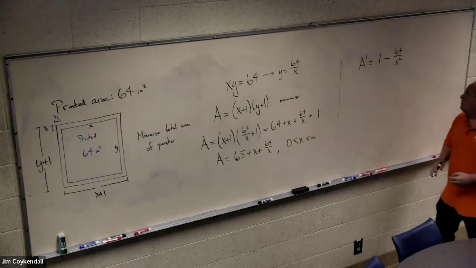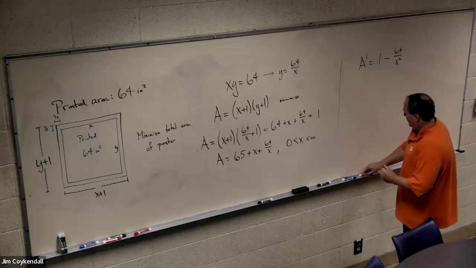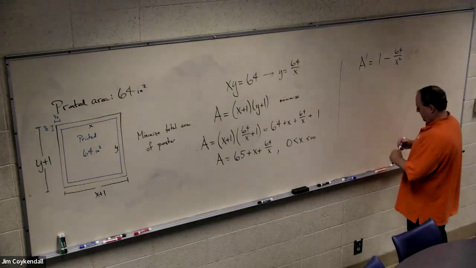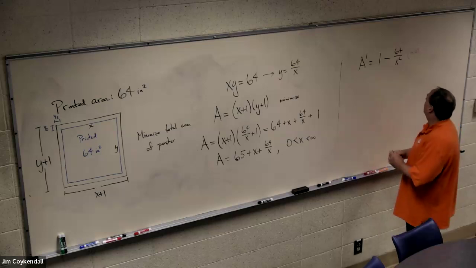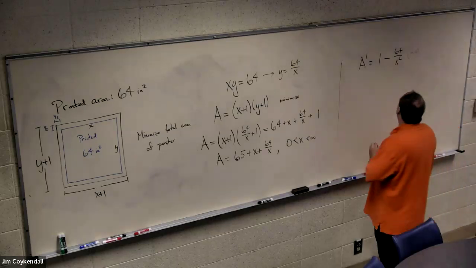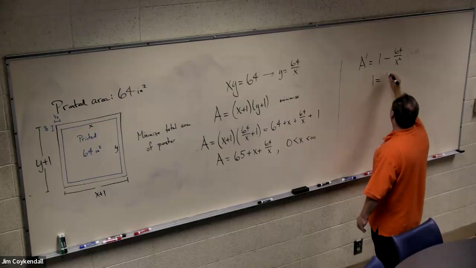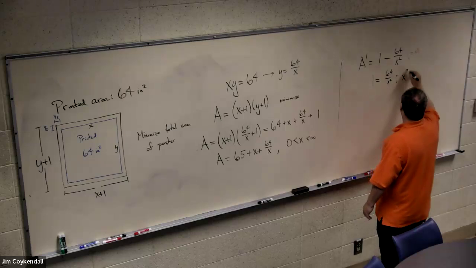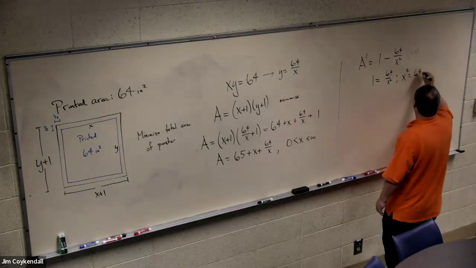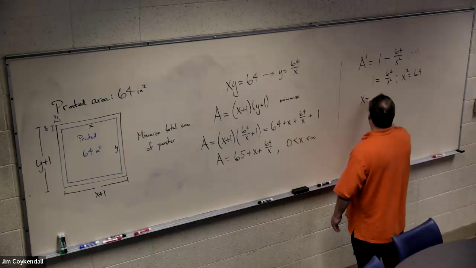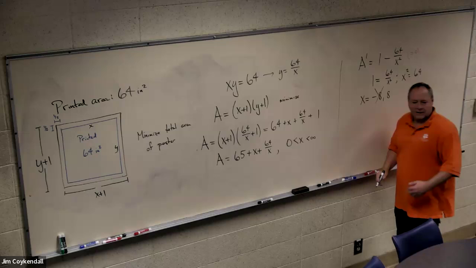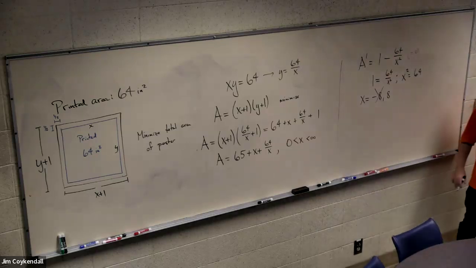So no worries there. So all I've got to do is set the derivative to 0. X squared equals 64. Actually, X equals plus or minus 8. I can scratch the minus 8 off because it's not acceptable.